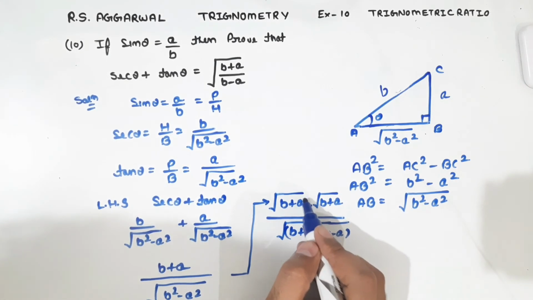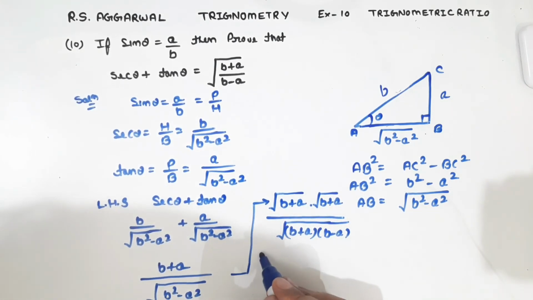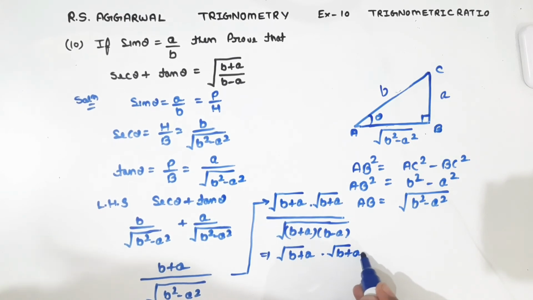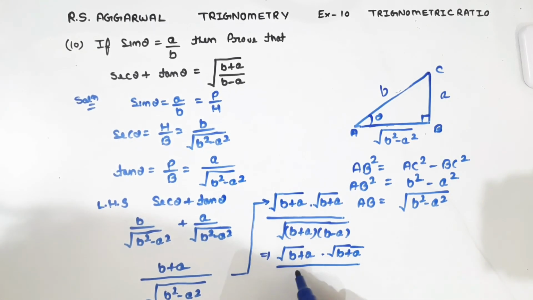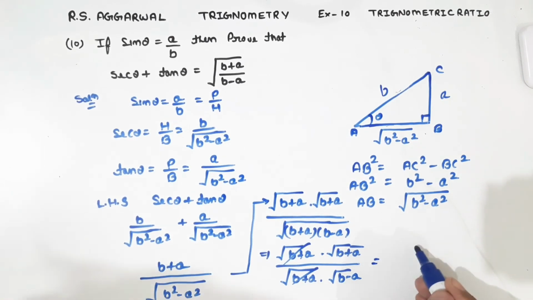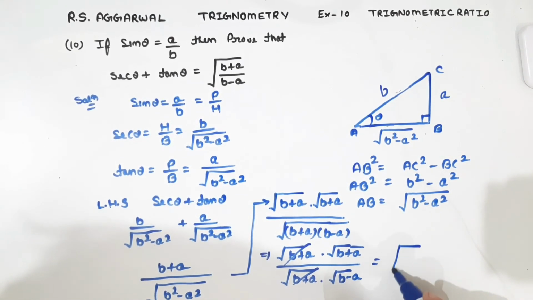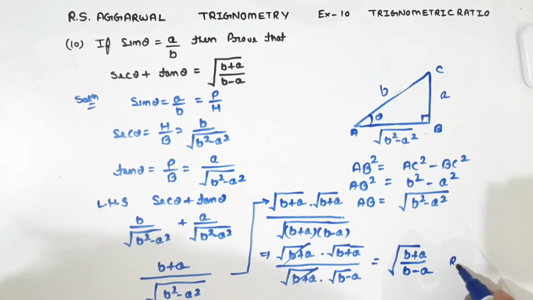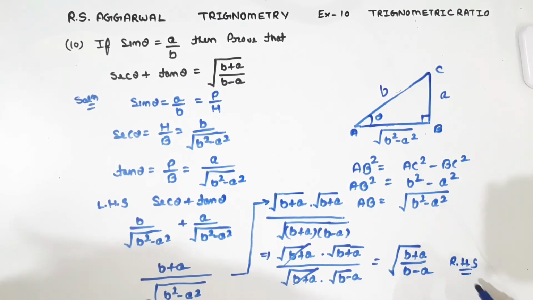So from here under root B plus A into under root B plus A, and this can be written as under root B plus A into under root B minus A. So this will be cancelled out. So that will be under root B plus A upon B minus A. Hence proved, that is equals to RHS. Hence proved.